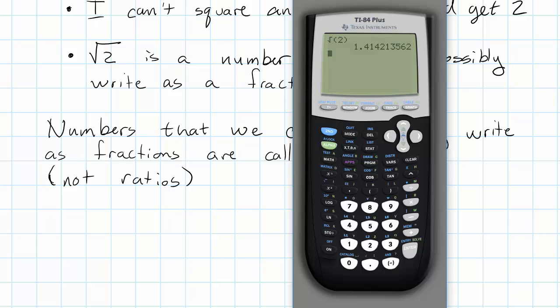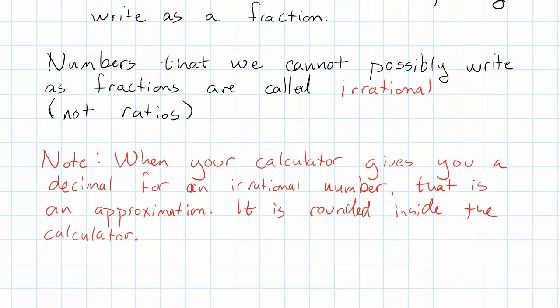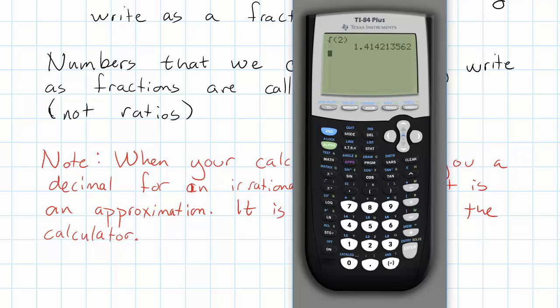No, that is not the square root of 2 expressed as a decimal. That is an approximation. So the first few digits of the square root of 2 really are 1.41421356, or maybe 61 and this is rounded up. But this is just an approximation. This is not the exact value of the square root of 2.